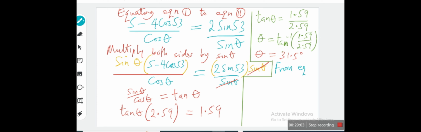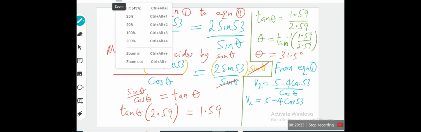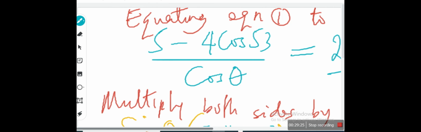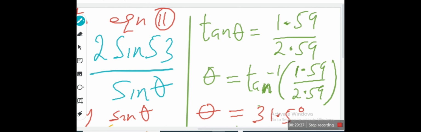Since we have found theta, let's just substitute. So V2 is equal to 5 minus 4 cos 53 divided by cos 31.5.